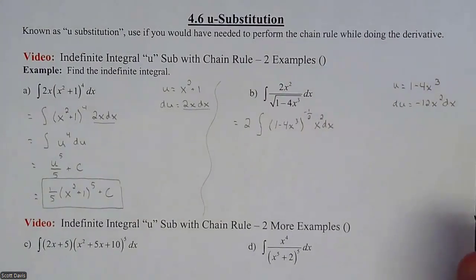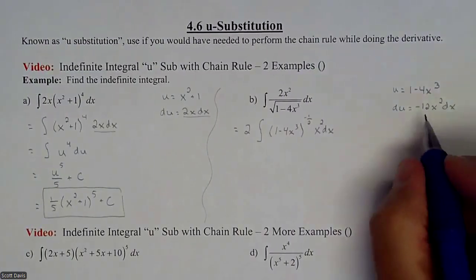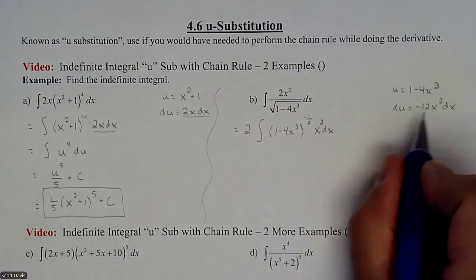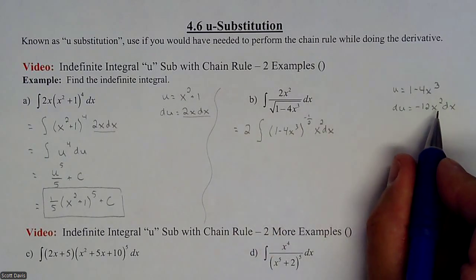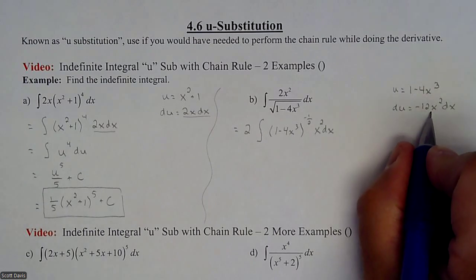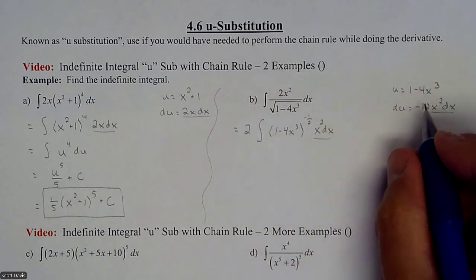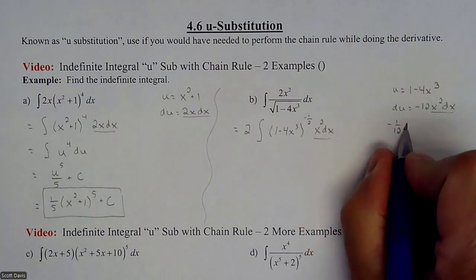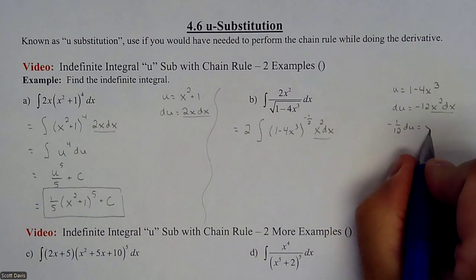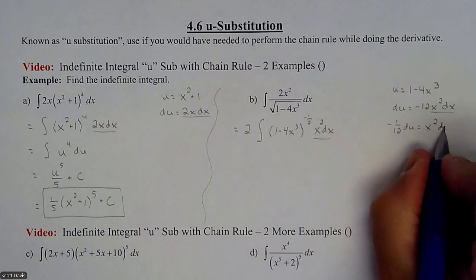What I'm looking for to know that u substitution was an option is that x squared dx I perfectly have right here. So I can complete my substitution where I isolate the x squared dx. I'll divide that 12 over to the other side, so that would make it a negative 1/12 du equals x squared dx.